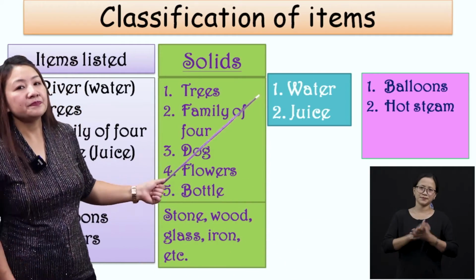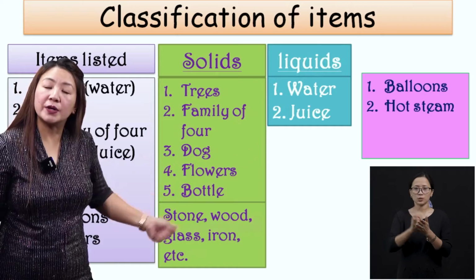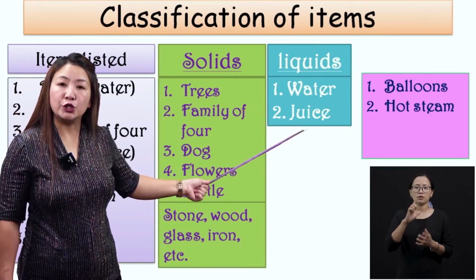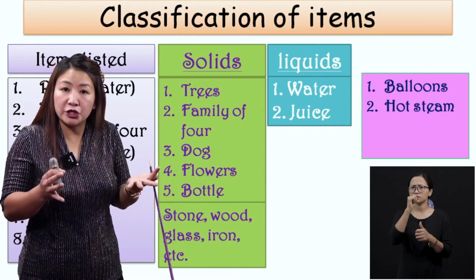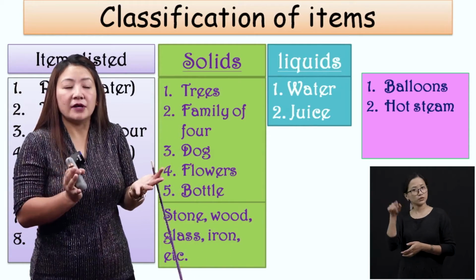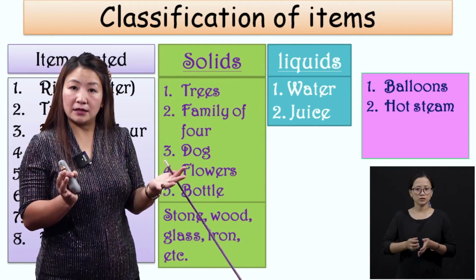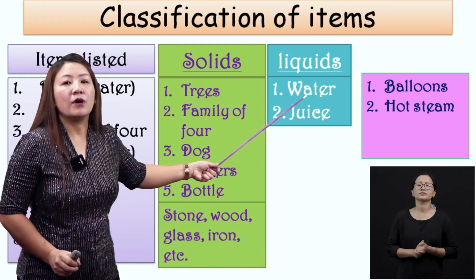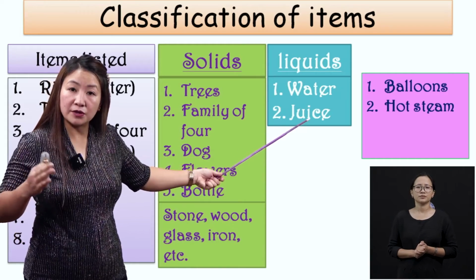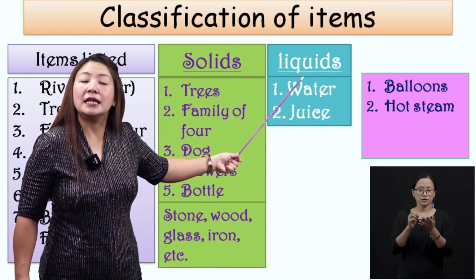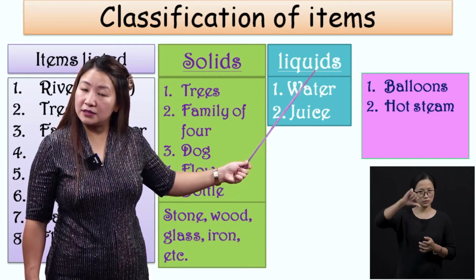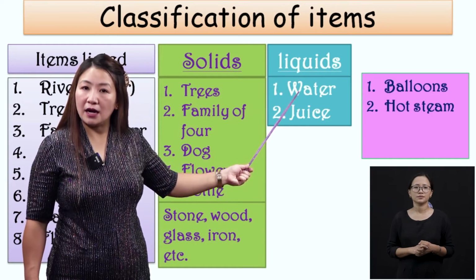Okay? Then we have liquids. This water and juice, they don't have their own shape, but they take the shape of the vessel that they contain. Right? So, water and juice, all those fluids, they are known as liquids. What, children? Liquids.